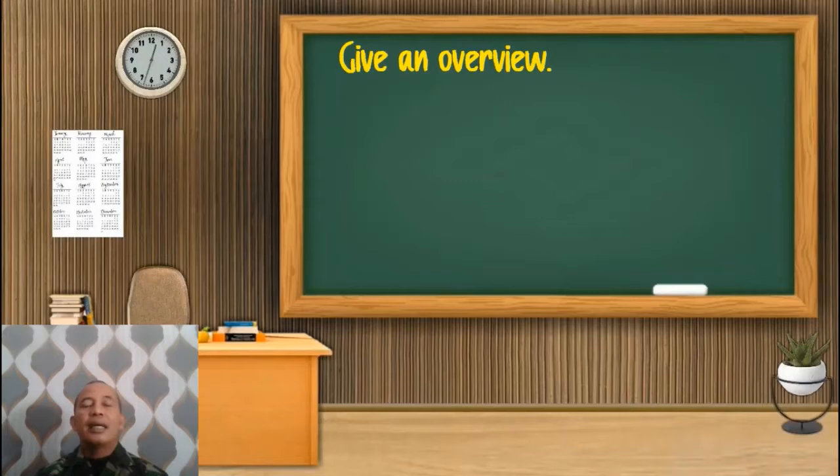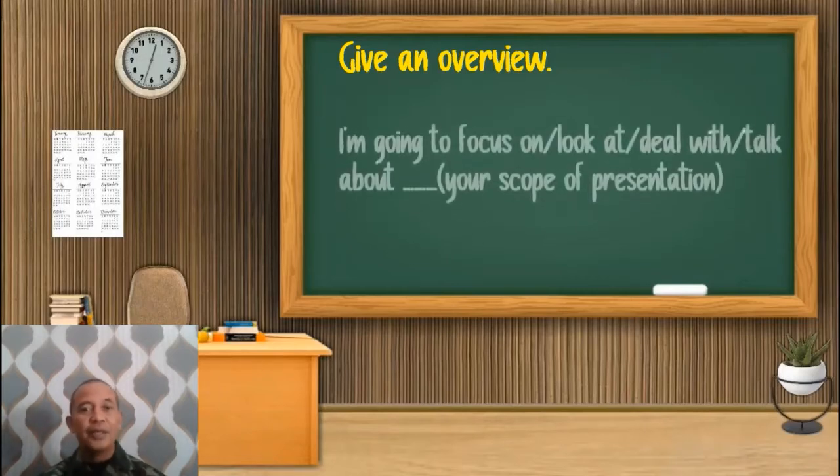And then after the topic, and this is also a very cultural thing, especially in the military environment, we tell the audience about the overview, the scope that we have in the presentation.